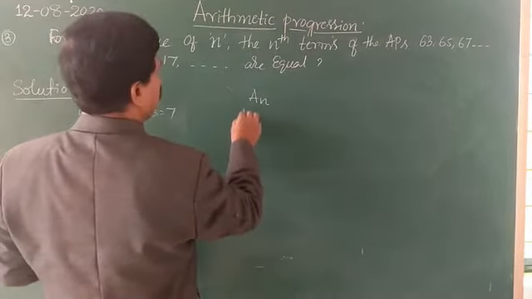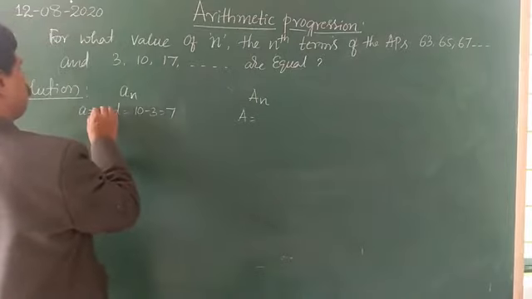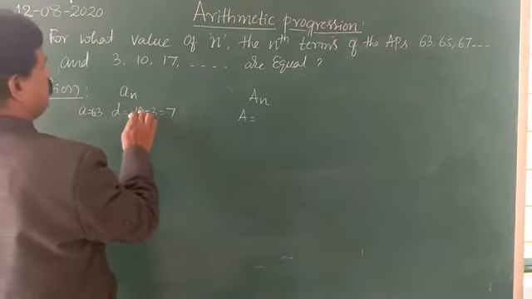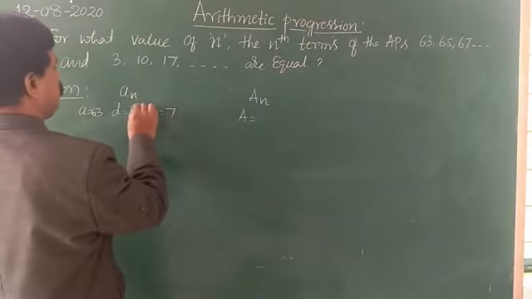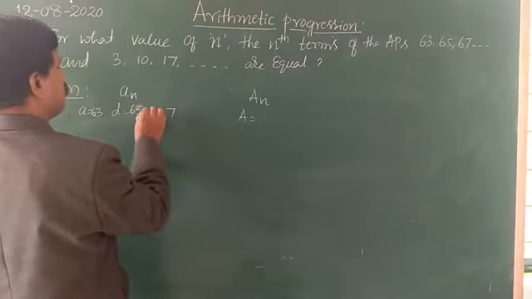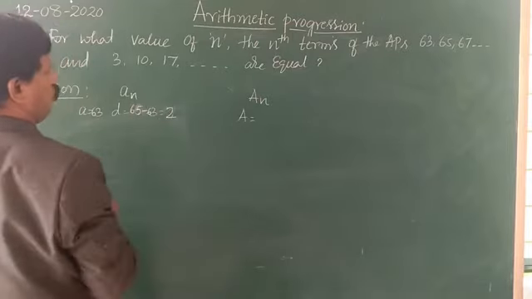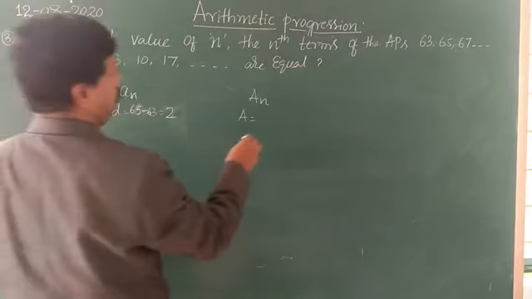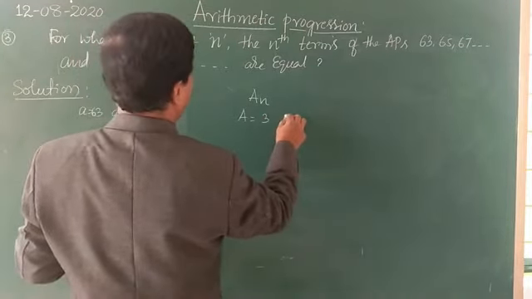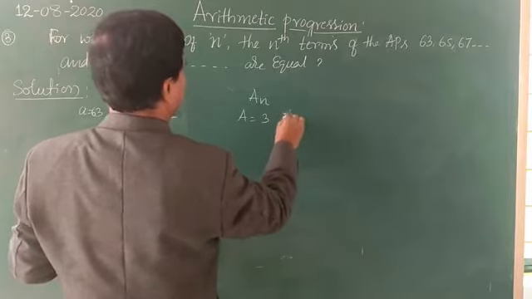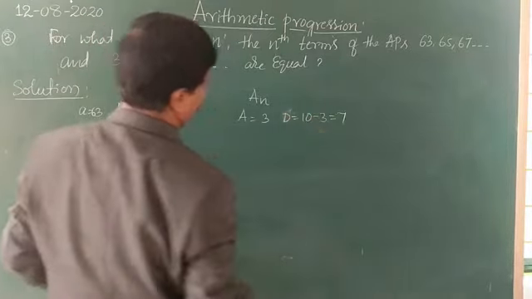For the other, a is equal to 63, and d is 65 minus 63 equals 2. Right? Then here the second one is 3, and capital D equals 10 minus 3, which is equal to 7.